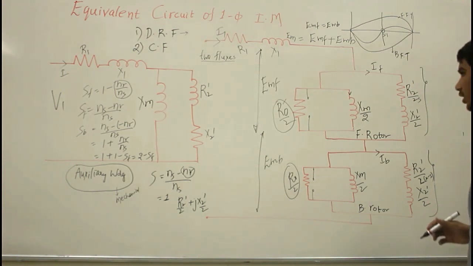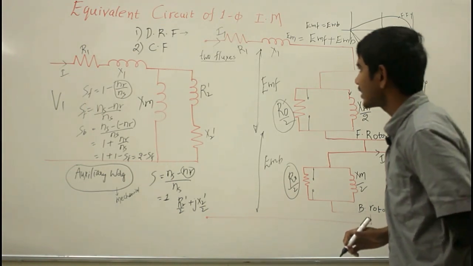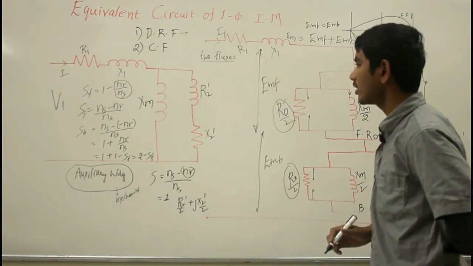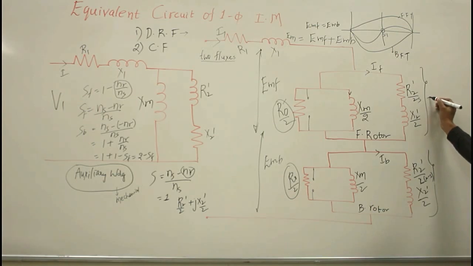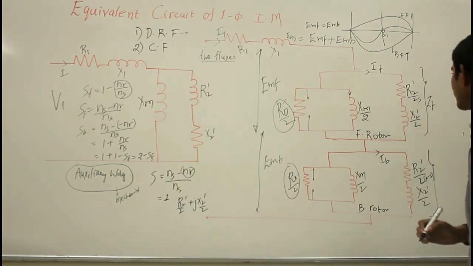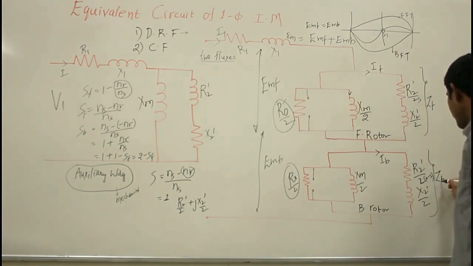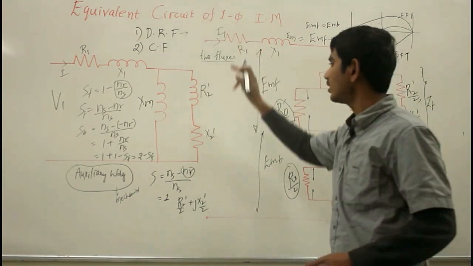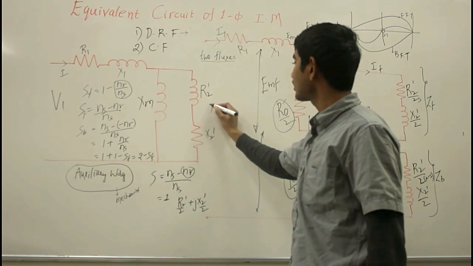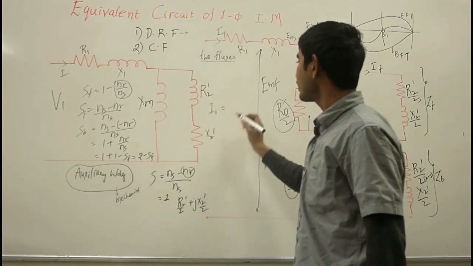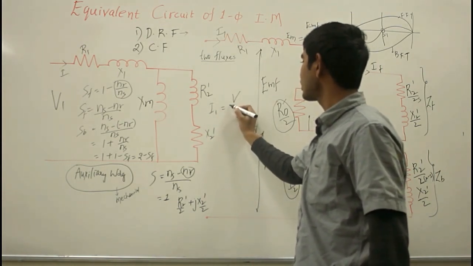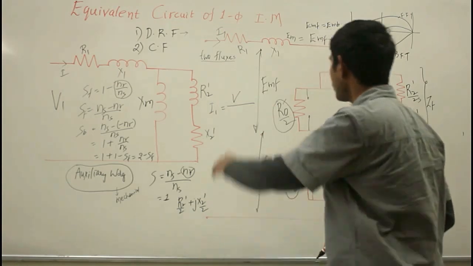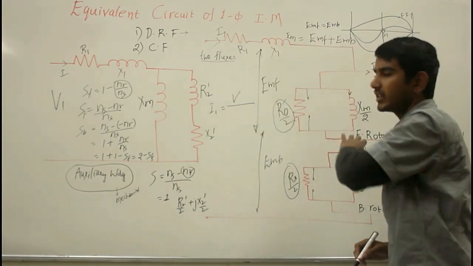Now if you want to do calculations based on this equivalent circuit, say this is my forward field impedance and this is my backward field impedance. To calculate the stator current I1, the stator current is given by the voltage applied at the stator terminals upon the total impedance of this equivalent circuit.